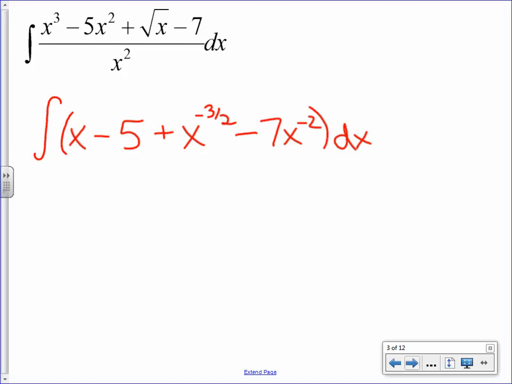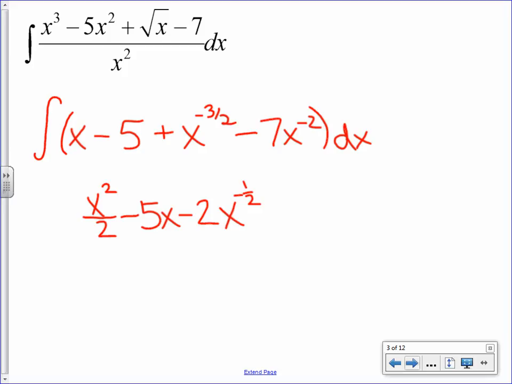So what's the antiderivative of x? x squared over 2, or 1/2 x squared. Increase the power, divide by the power, right? Negative 5 becomes negative 5x. If it's a constant, tack on an x to it. Power rule: we are going to increase the power, so that makes x to the negative 1/2, and then we're going to divide by negative 1/2.